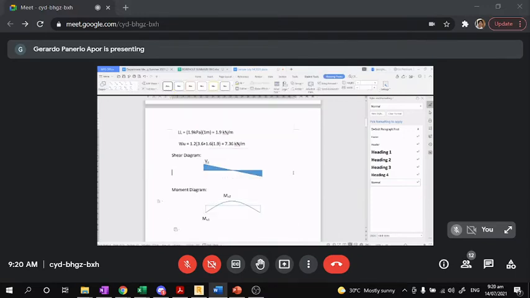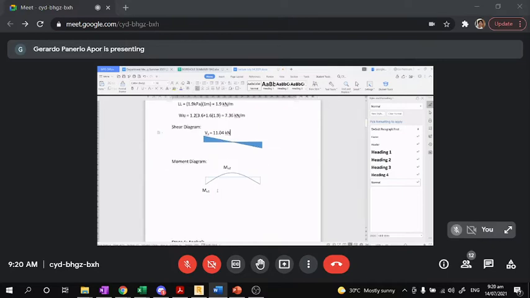So, the shear is equal to 7.36 times 1.5, we have 11.04 kilonewton. Okay. As for the moment, near the support, we use the simplistic approach, no?